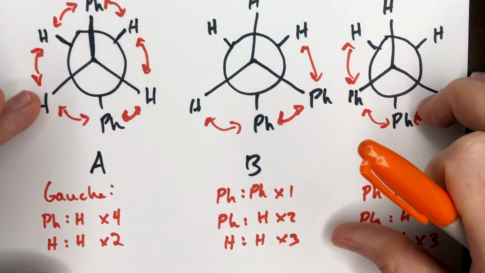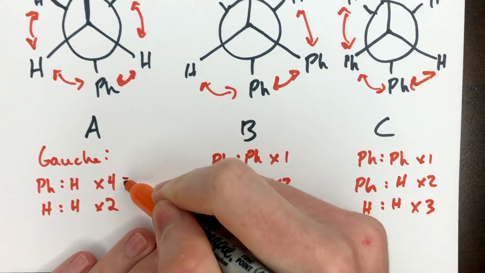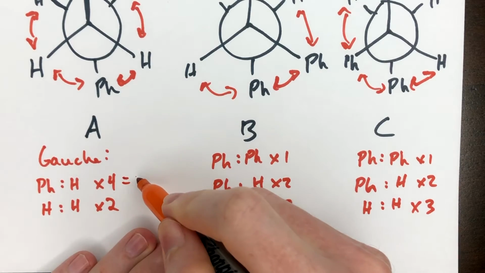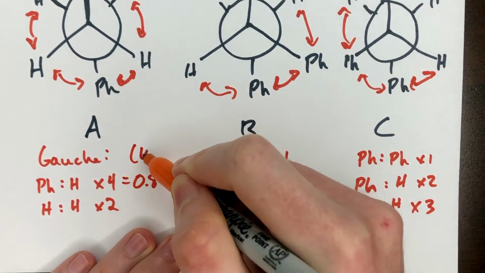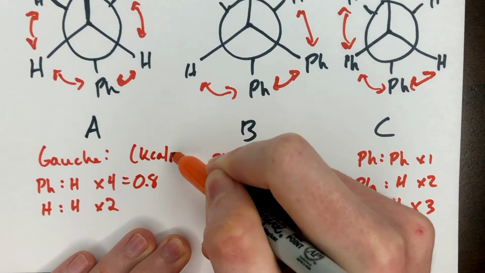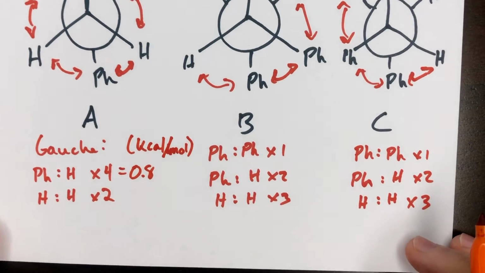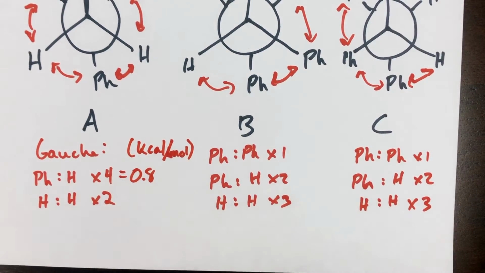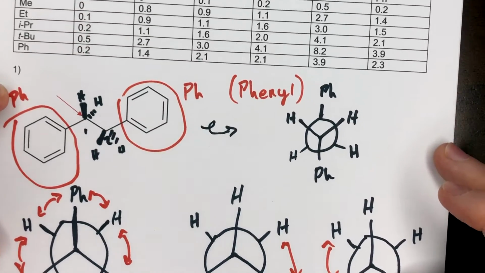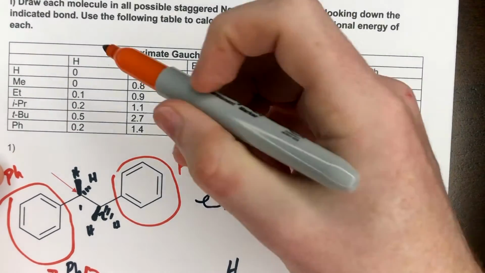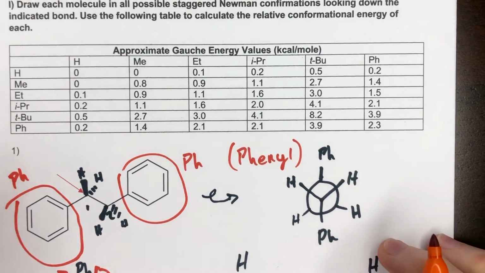Now going back, our phenyl-hydrogen interaction is a 0.2 kcal interaction, and we have 4 of them, so that is 0.8 kcal. I'm going to put above that this is all kcal per mole, so I don't have to write it because we're limited on space here, but that's our 0.8 there. Then if we go all the way back up for our hydrogen-hydrogen interaction, we see there's a 0 energy difference.